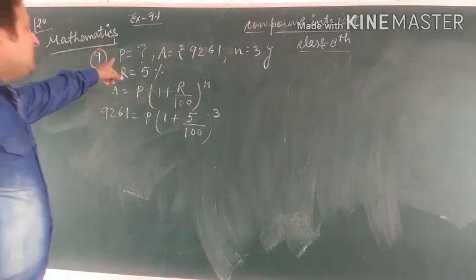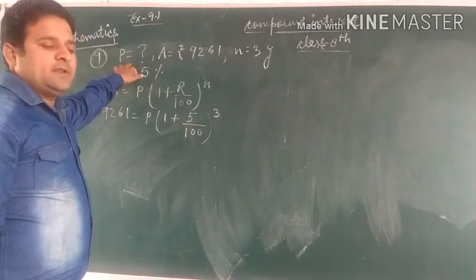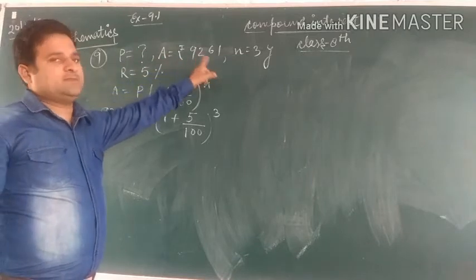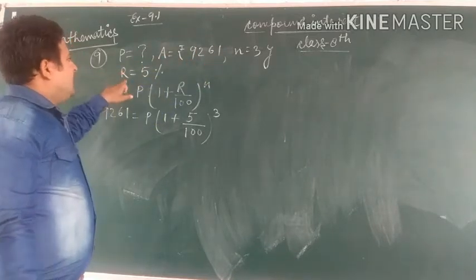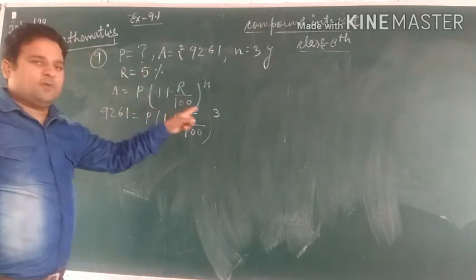So here P is unknown because it is saying that a sum of money amounts to rupees 9261. This is the amount. N is time, 3 years, and R is equal to 5%. We shall use this formula.